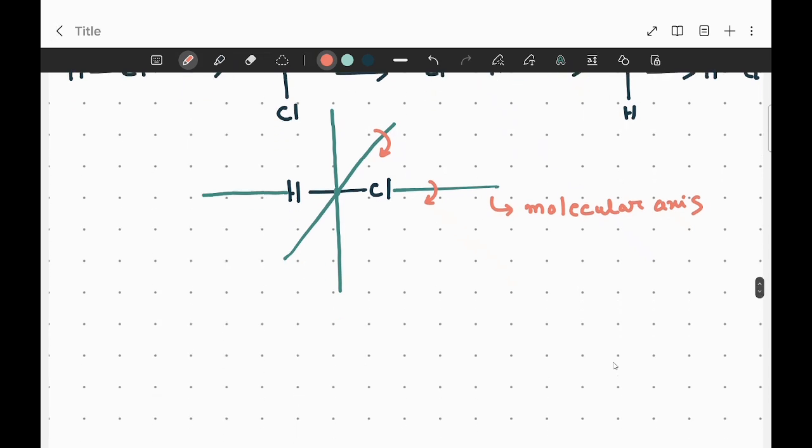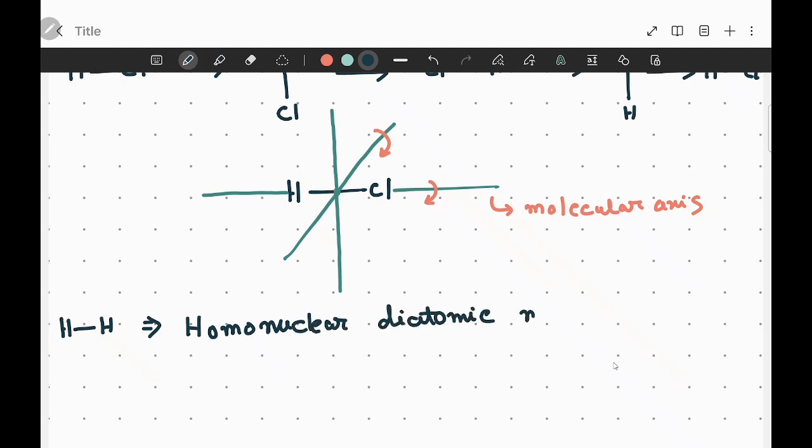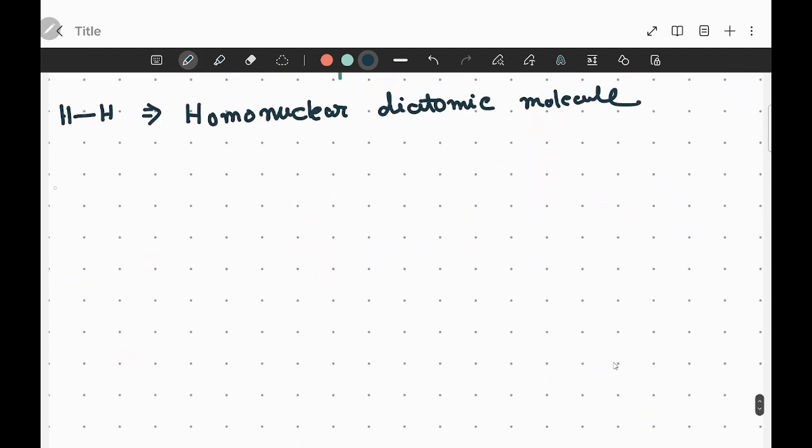Now, instead of HCl, if you consider an H2 molecule, H2 is a homonuclear diatomic molecule, right? So in case of H2, if you rotate it similarly, what structures will be generated? First, it's H2. After giving a rotation of 90 degrees, it will be H2.